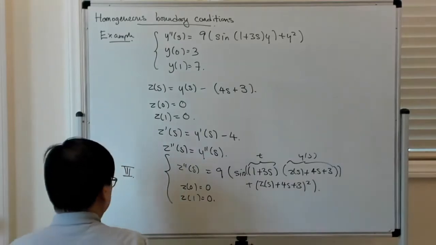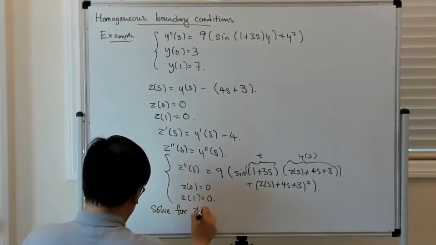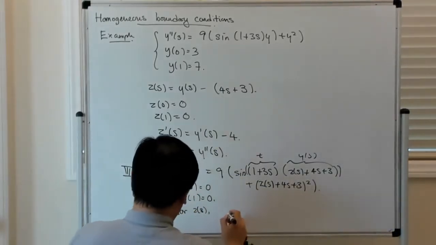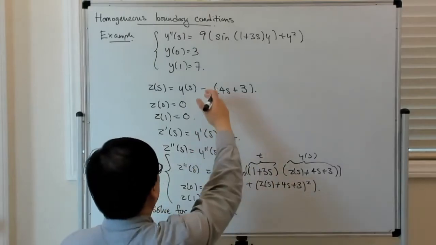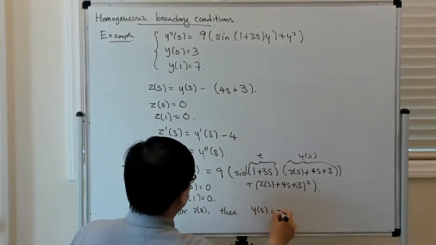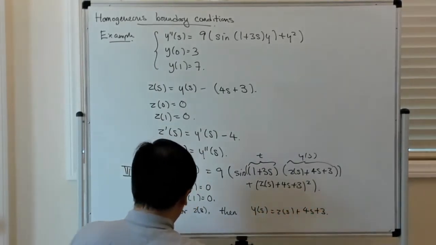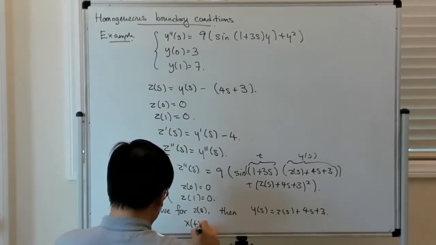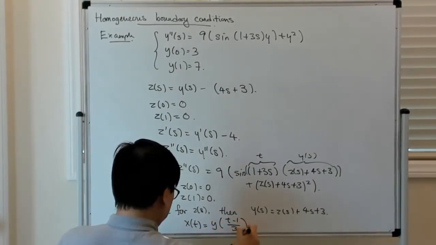Okay, so the point is that you can solve for z of s. Then I can invert all the transformations I had. Then y of s is equal to z of s plus 4s plus 3. And then x of t is y of t minus 1 over 3.